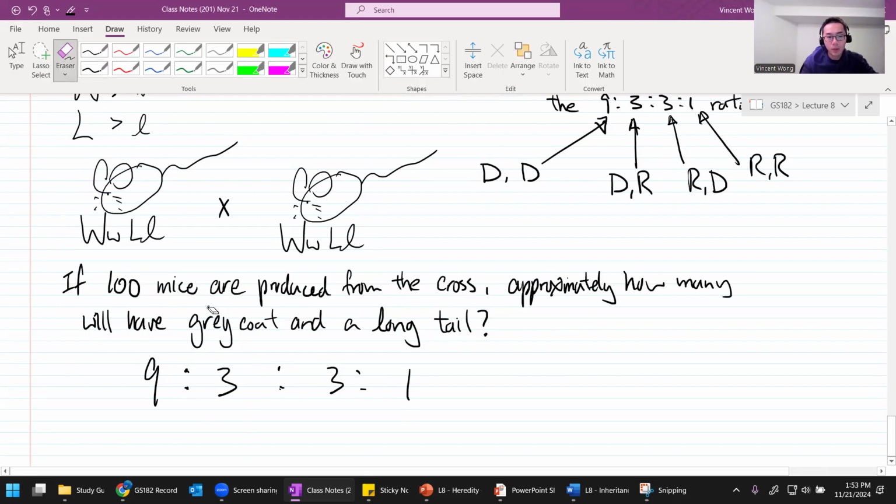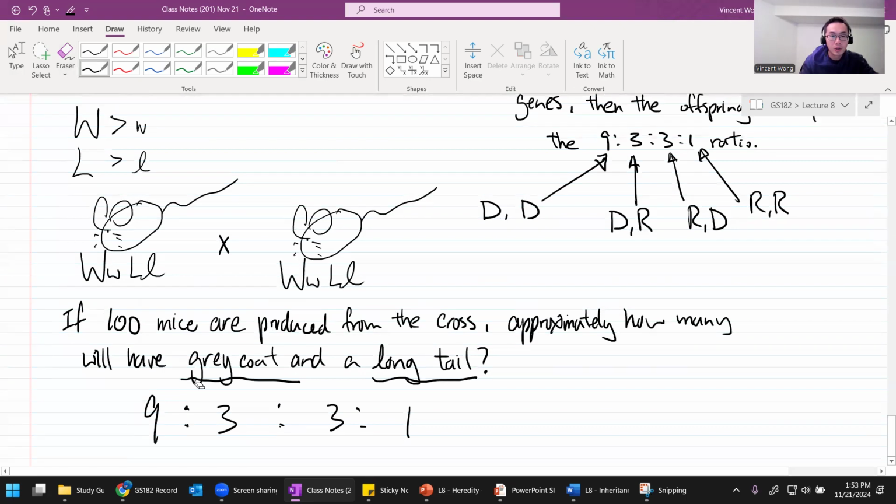And the question is asking for gray coat and long tail. Is gray coat dominant or recessive according to the question? It's recessive, because white is dominant. And long tail, capital L, is dominant over short.